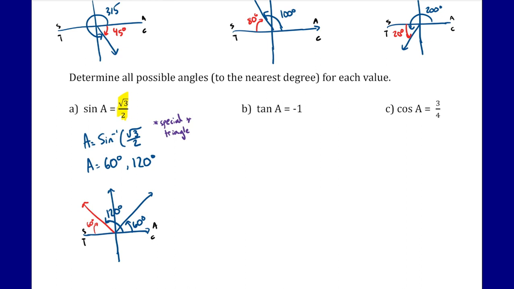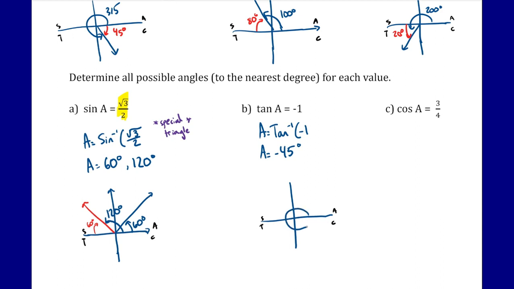Tan A equals -1. So if we want to find A, we do the inverse of tan of -1, and you find that A is -45 degrees. Now, we don't have such a thing as -45 degrees. But what it does mean is that if we draw our quadrants again and put CAST to help us, -45 means clockwise.